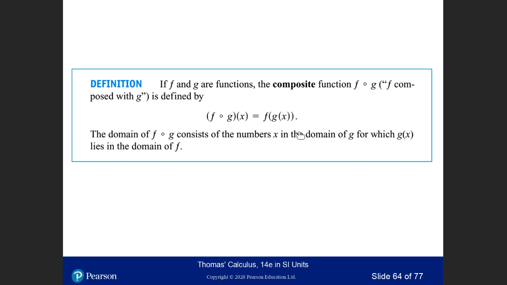So here the range of g of x must be in the domain of f, and that's the definition of the composite function f composed with g. Or you can take g in the front and g composed with f, the same thing. And this time, the range of f should be in the domain of g. Reverse.